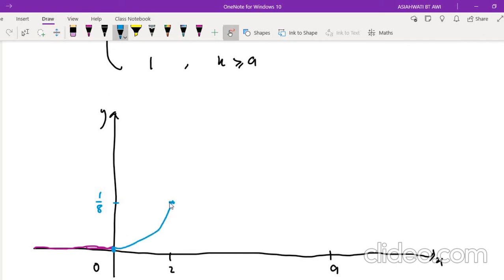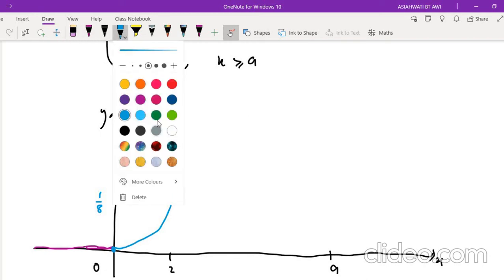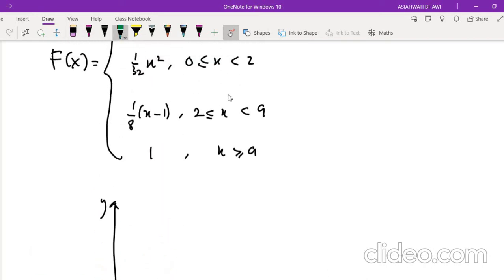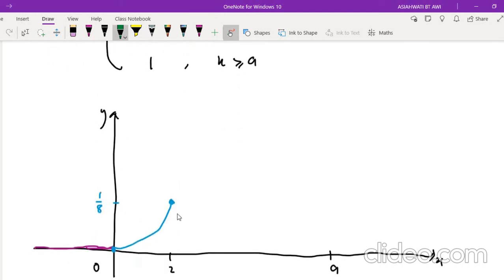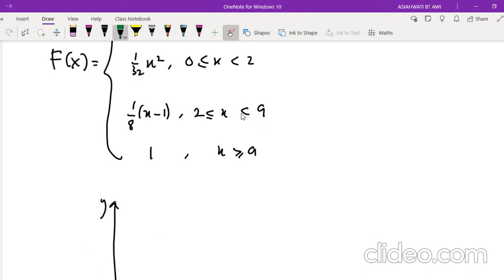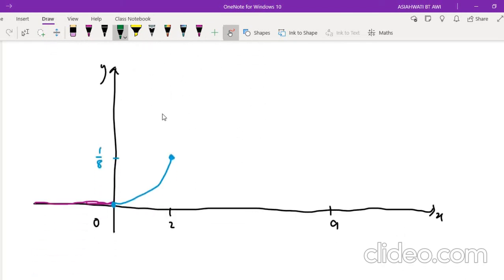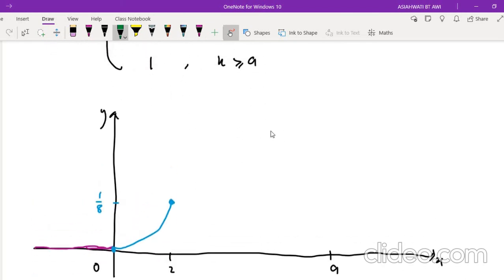This point is excluded, but the graph is continuous. Then, for the third piece, substitute 2: 1 over 8, and substitute 9: 9 minus 1 is 8, 8 over 8 is 1. This is linear, a straight line up to 9, where y is 1.